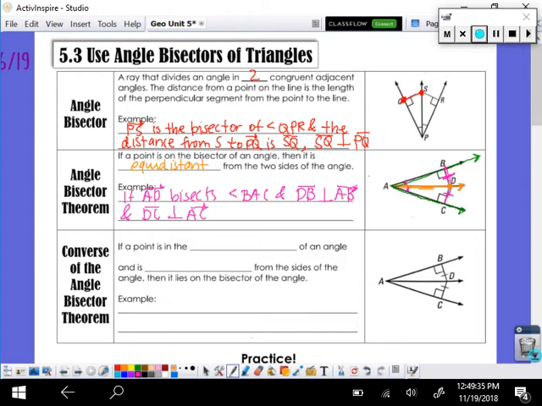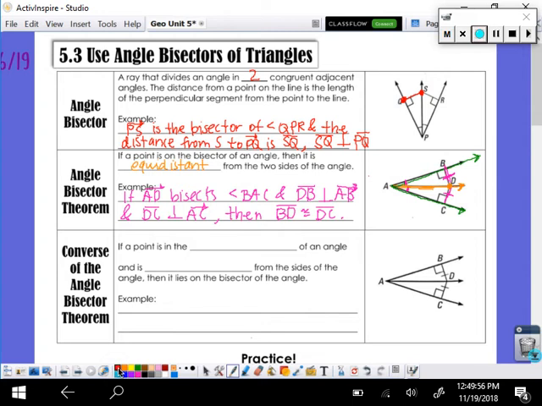There's supposed to be ray AB. Then BD will be congruent to, or you can say equal to, DC. So if you have a point on that bisector, it's going to be equidistant to both the sides of your angle.